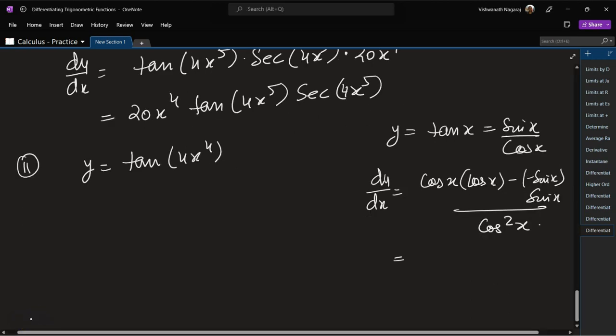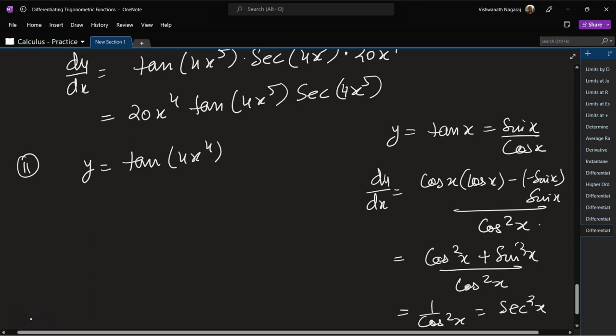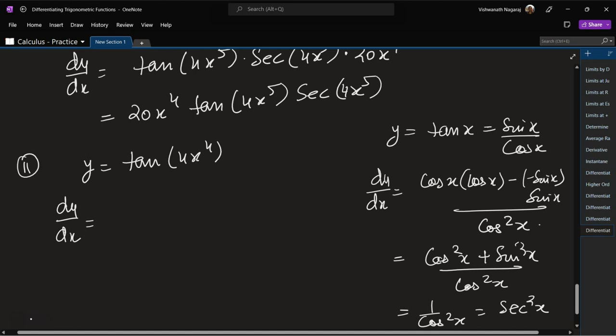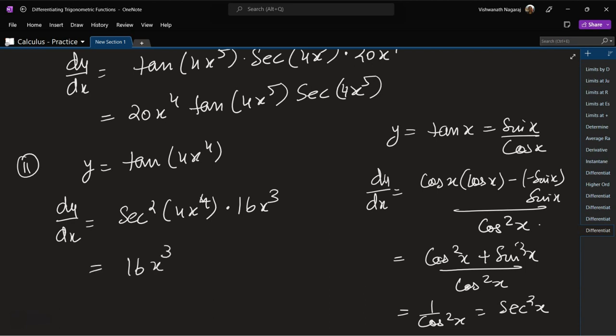Okay, so now this becomes cos square x, minus into minus plus sin square x by cos square x, and this becomes 1 by cos square x, which is equal to sec square x. So derivative of tan x is sec square x. So dy by dx is equal to sec square 4x to the power of 4 times 16x cube.